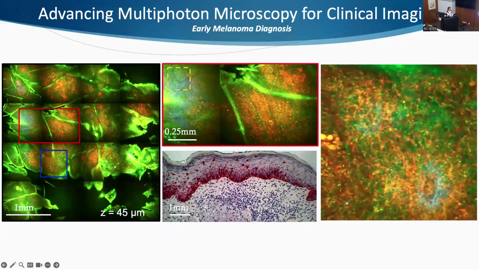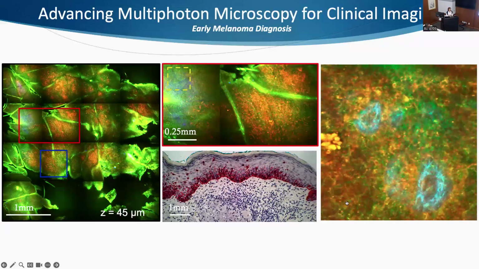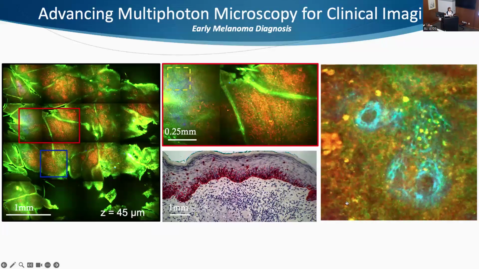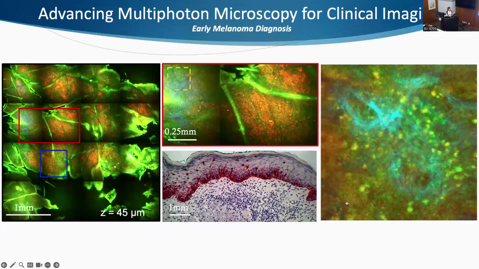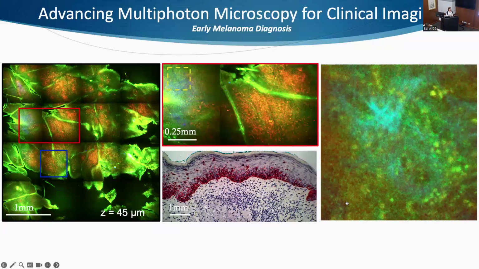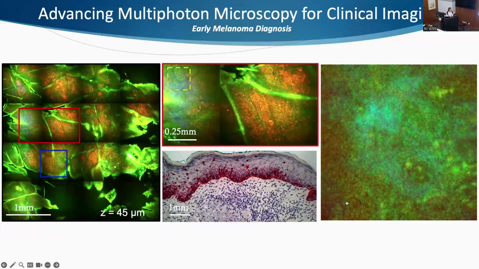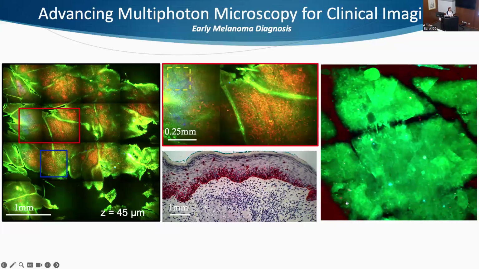I wanted to give more details about what melanoma is and what exactly we are looking for, for people who are not familiar with it. Melanoma is a disease of melanocytes in our skin, the cells that carry pigment.